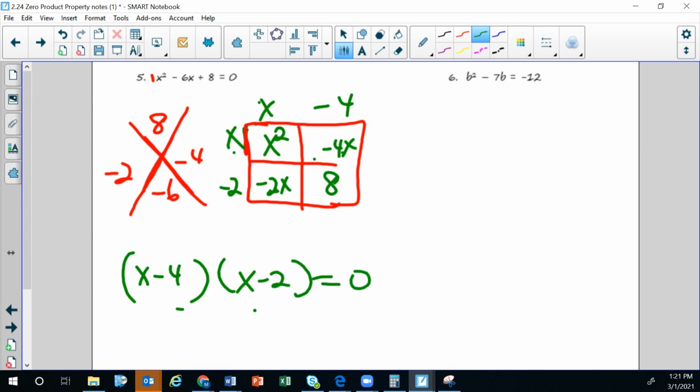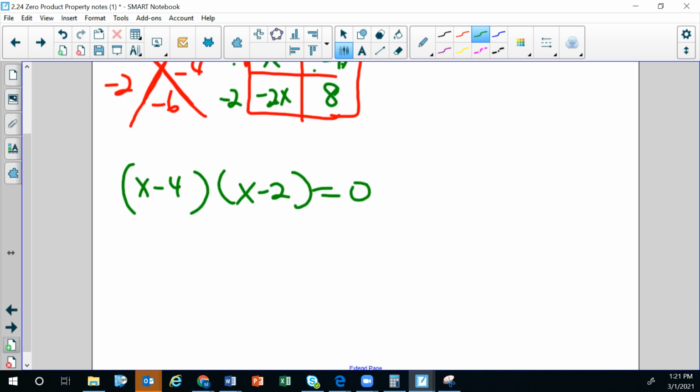So these two factors are the factors of this polynomial. And now we want to solve for the variable. So all we're going to do is set each factor to 0. So I'm going to have x minus 4 equal to 0, and x minus 2 equal to 0. And by now, you should know that if I want to get the x by itself, all I'm going to do is add 4 to both sides.